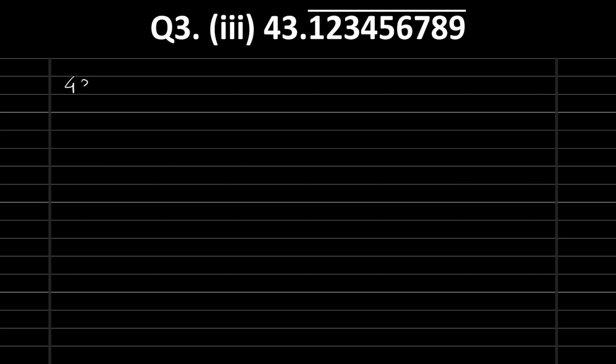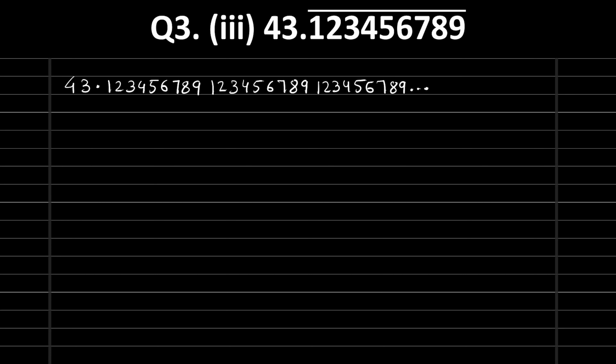It means that this decimal expansion is written in this way: 43.123456789. Again you will have this pattern 1, 2, 3, 4, 5, 6, 7, 8, 9, and again this pattern, and it keeps on repeating. It will not end.